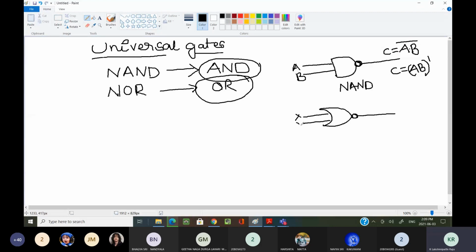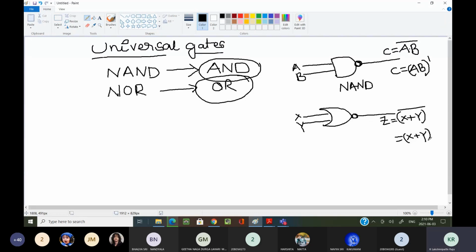Let us consider the inputs as x and y, and z is my output. z equal to x plus y is the logical expression for the OR gate. If you apply the complement, the whole complement, this is nothing but the NOR gate. We can also write it as x plus y whole complement.